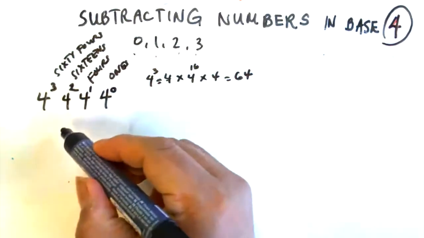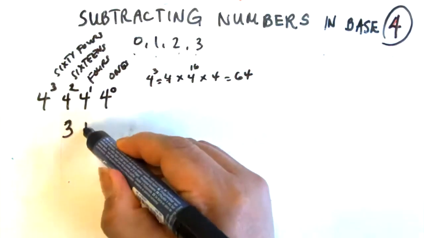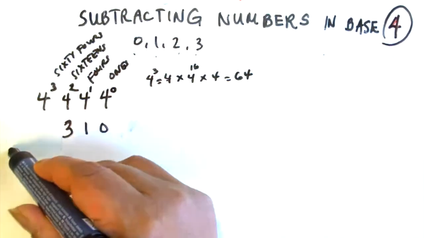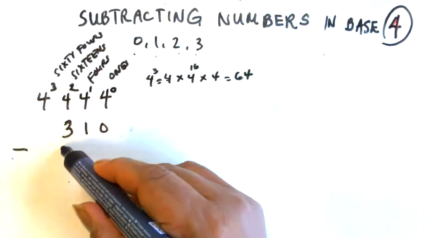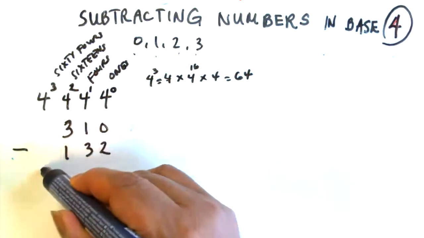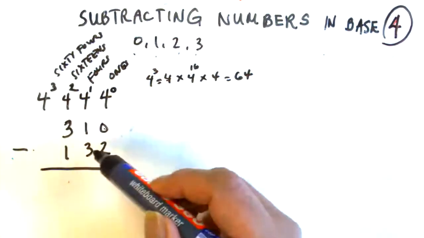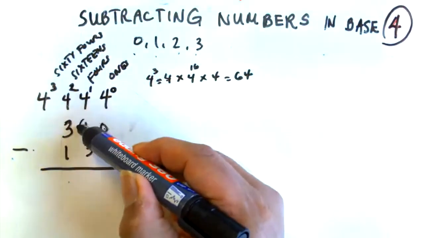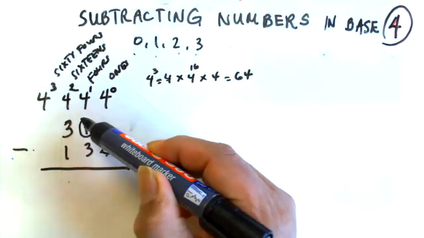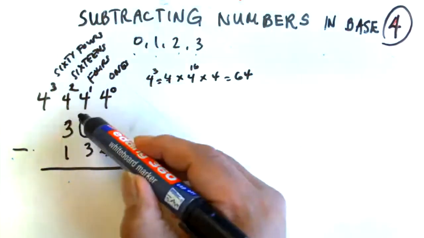So let's have this question. We have 3, 1, 0 less 1, 3, 2. In a way, you do 0 less 2. You cannot do it. You borrow 1 from here. That 1 that you borrowed is worth 4.